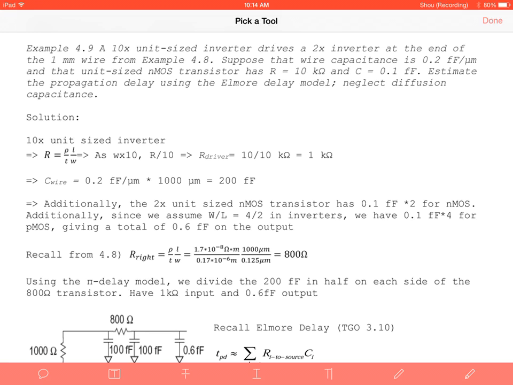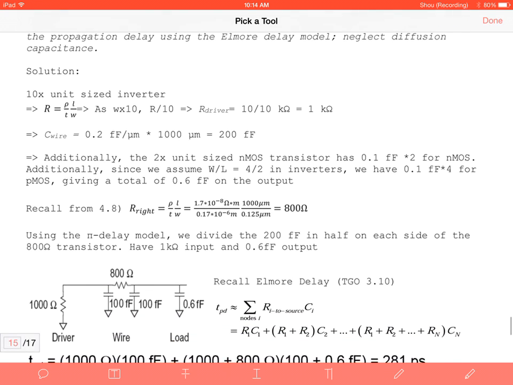So first, we calculate the resistance of our 10x inverter. Then we have the wire, which we calculated in the previous problem as 800 ohms. We've calculated the capacitance of the wire for 1 millimeter at 0.2 femtofarads per micrometer, and therefore we get 200 femtofarads.